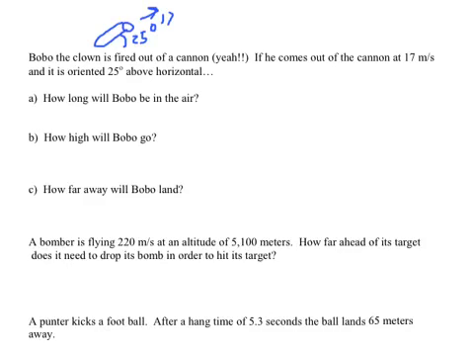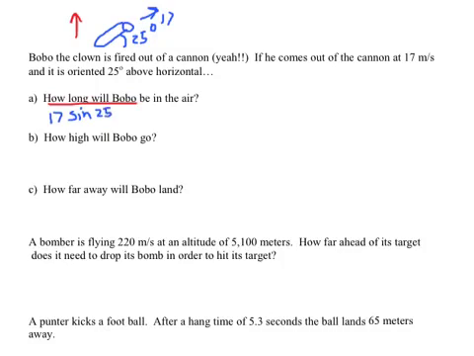The first question I'm asked is, how long will Bobo be in the air? That's a time. And remember, the time you're in the air is a question of your vertical motion, not your horizontal. So what I need to find is the vertical component of Bobo's motion. To find the vertical, I'll take the sine of the angle. So I take his velocity, 17 meters per second, and multiply that by the sine of 25 degrees.